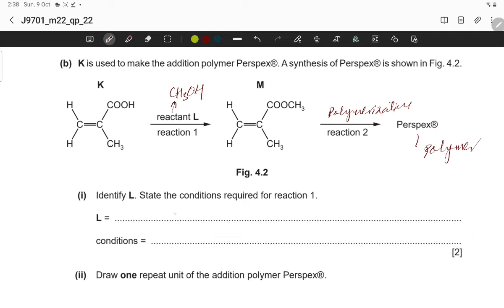State the conditions required for L, methanol. The conditions are concentrated acid, because this is esterification: this is a carboxylic acid, and now an ester is formed, COOCH3. So the condition is concentrated H2SO4.